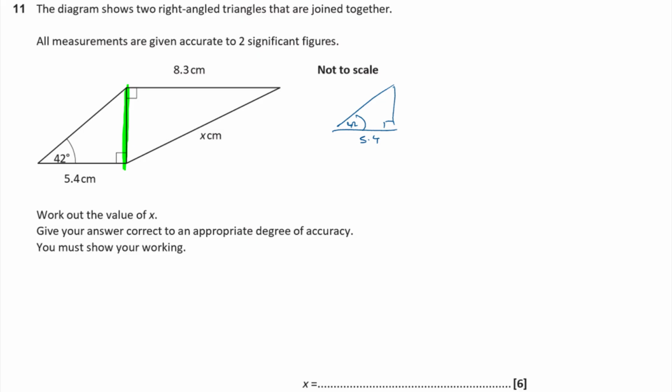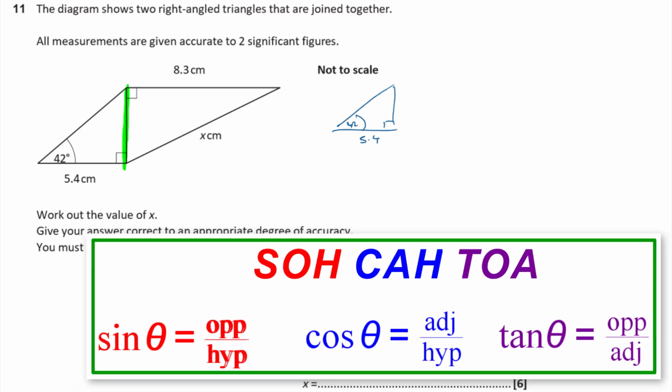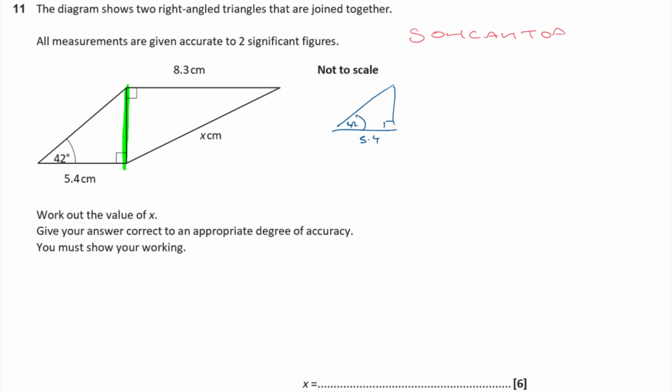So in this triangle, using trigonometry, what have we got then? So I'm going to write down SOHCAHTOA. What have we got here? So this side here is the opposite, this side is the adjacent, this is the hypotenuse. Okay, so in this case I've been given the adjacent.